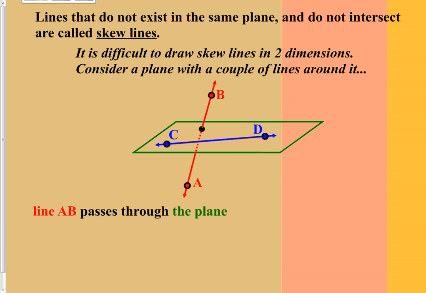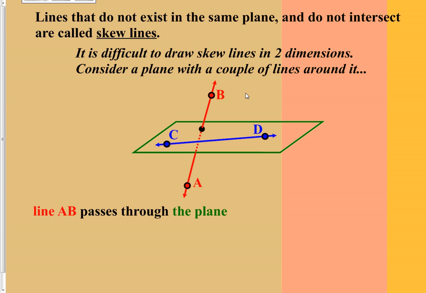And then we're going to have another line. This one is actually in the plane, and we can tell that this one is in the plane because, number one, we do not have any type of a point along the body of line CD that would indicate that it is intersecting the plane like we had with line AB right there.